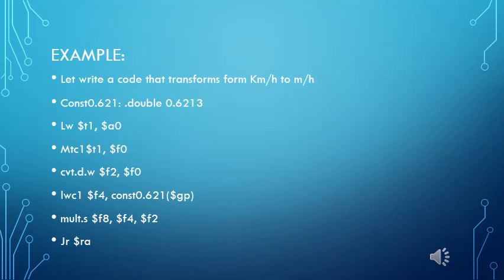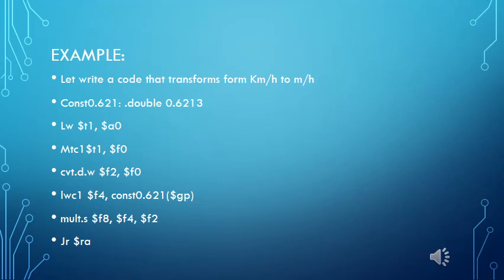So let us say that our argument, which is the kilometers per hour, is an integer. First, we'll load it into T1. Then we will take this to coprocessor 1, which is the MTC1 instruction, and there it will remain in integer form. It is just in coprocessor 1.